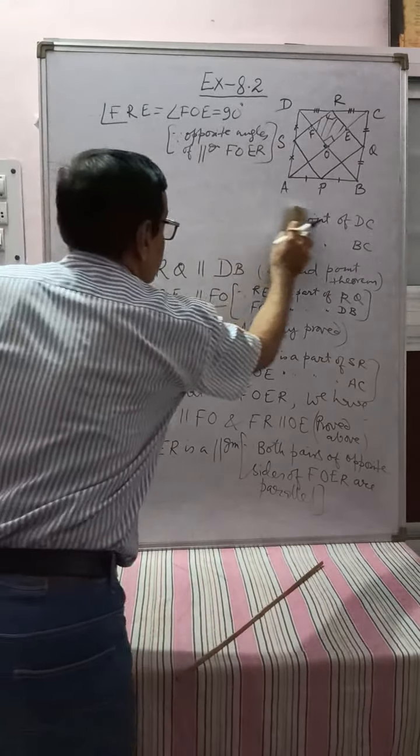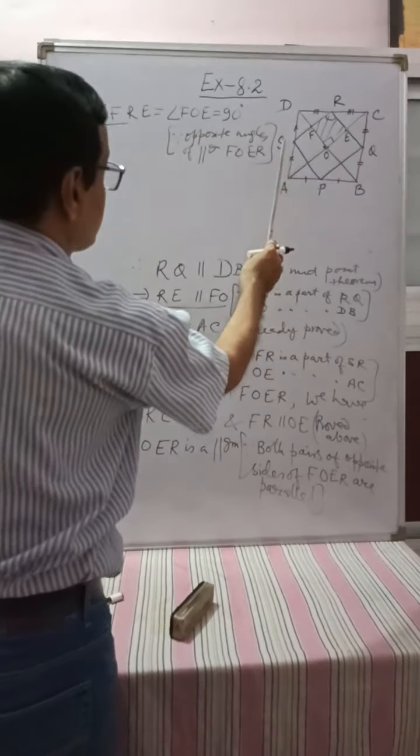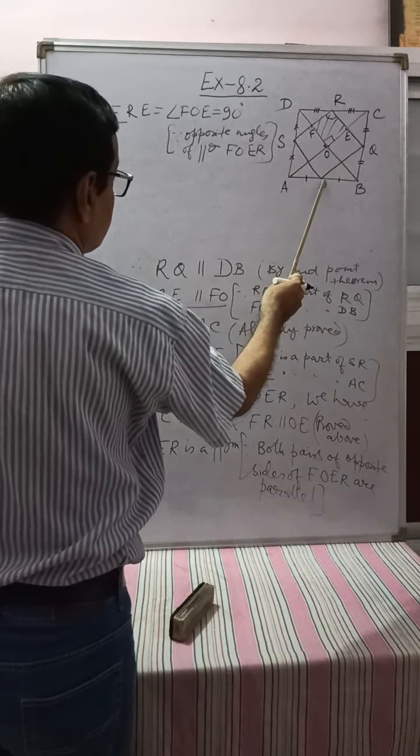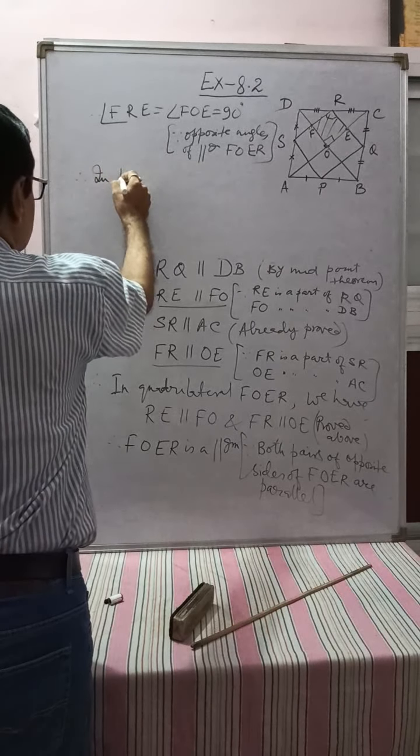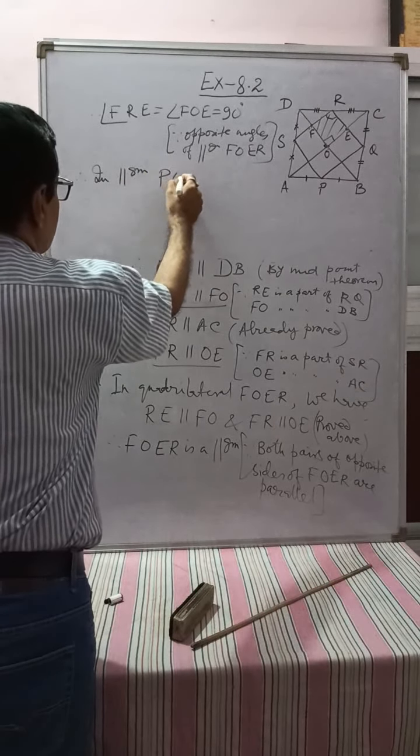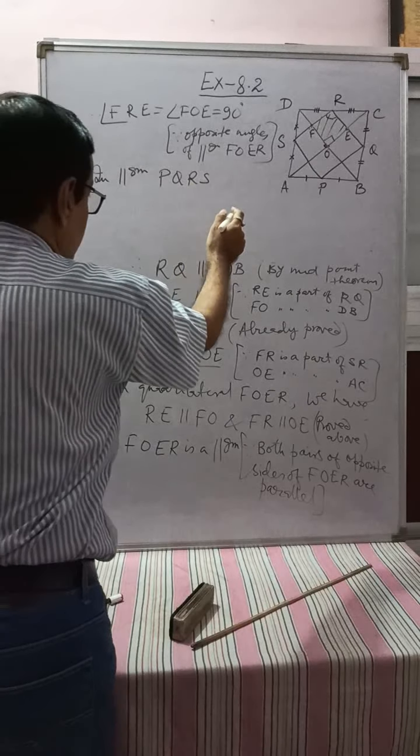So finally, we have already proved PQRS is a parallelogram.